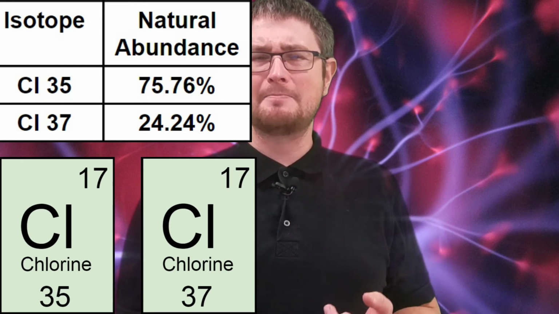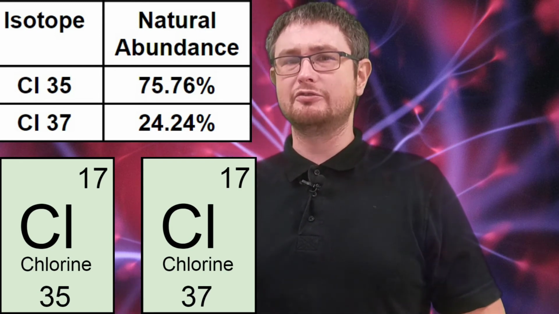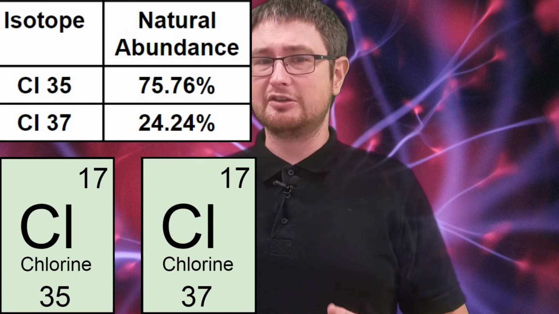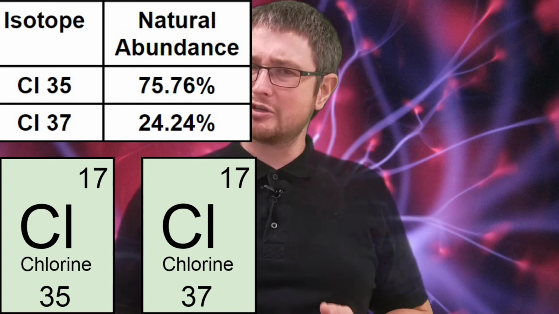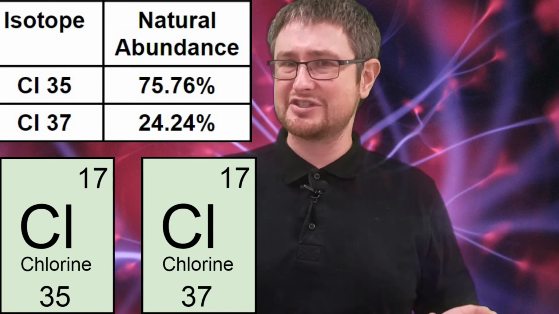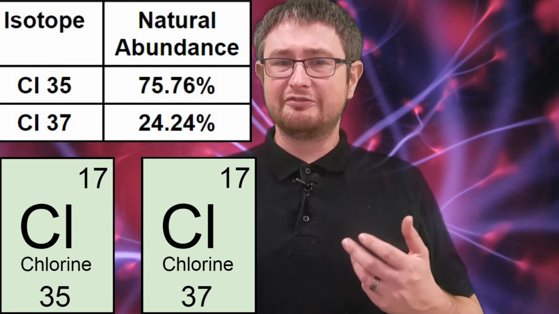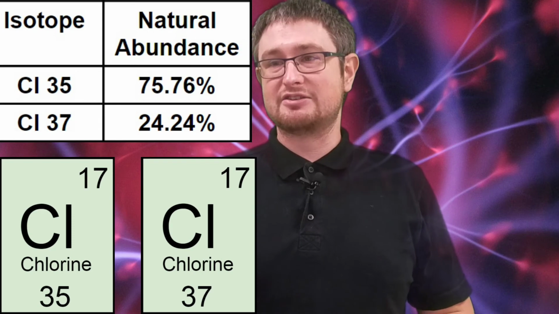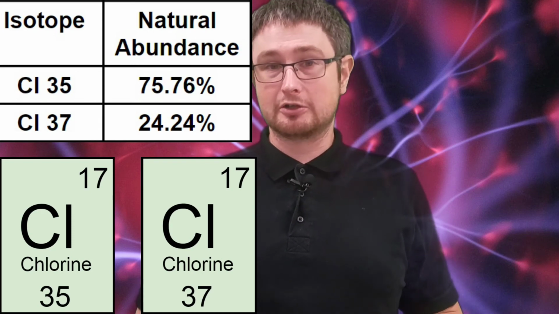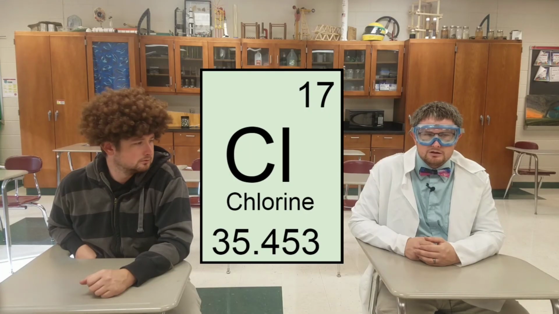So it means that most of the chlorine in the universe is chlorine-35, and there's also some that's chlorine-37, and rarer varieties as well. We find the average of all of these isotopes, and it just happens to be for chlorine, 35.453.